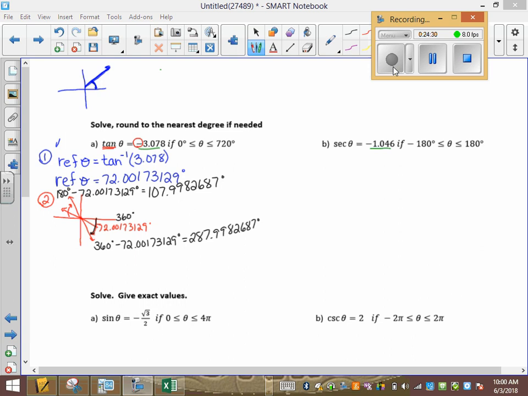But I don't stop there because the domain is restricted to be between 0 and 720 inclusive. So if 0 was an answer or 720 was an answer, I would include them. So I have to add 360 degrees and get an answer, and I have to add 360 degrees and get an answer.